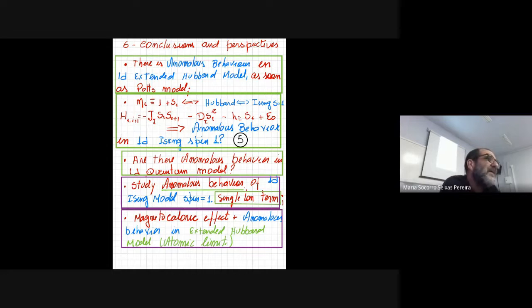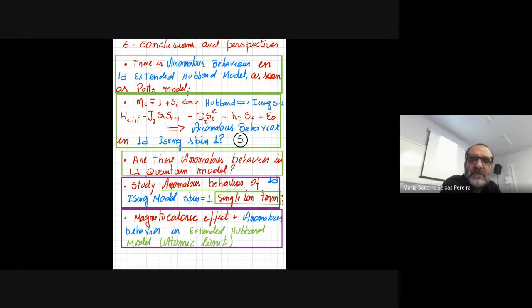But there are other questions that are important to us. Another question that, in our opinion, is necessary to answer is about anomalous behavior in one-dimensional quantum models.